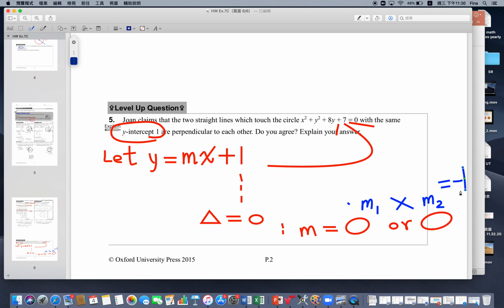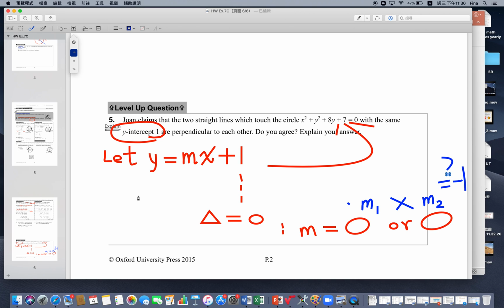I don't know whether they equal -1 or not; just check. If multiplied together they equal -1, that means they are perpendicular to each other. But if it is not equal to -1, that means they are not perpendicular to each other. So this is some hint for you to do question 5, the level up question.